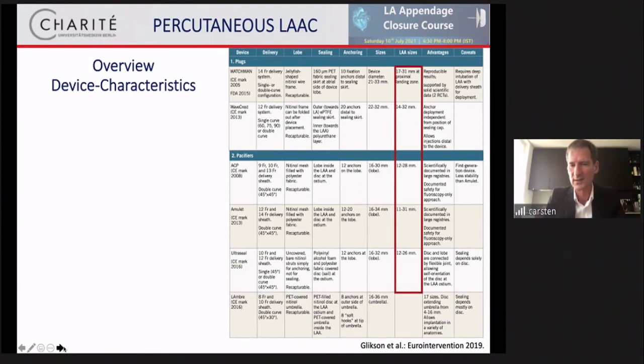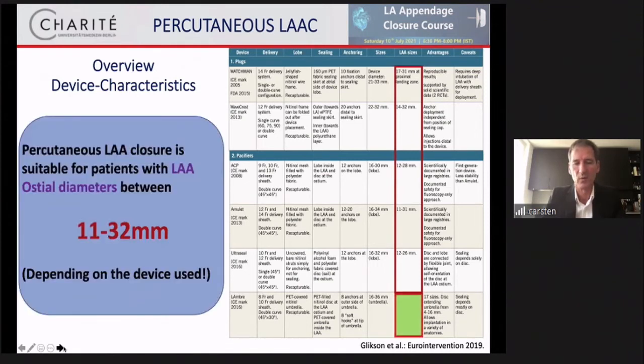And what you can see here, and I wanted to point that out, is that basically with all devices you can close LAAs from 11 to 32 millimeters. And there is no border given or no limit given for Lambre, and we will come to that.